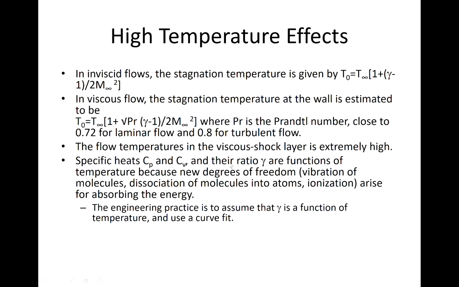We'll have to treat gamma as a function of temperature, possibly a function of temperature and pressure. So common engineering practice is, as a minimum, to have a curve fit for gamma as a function of temperature and use this curve fit. Professor Stephen Ruffin in our school has done a lot of work in modeling CP and CV at extremely high temperatures. His thesis work is a great work of art.